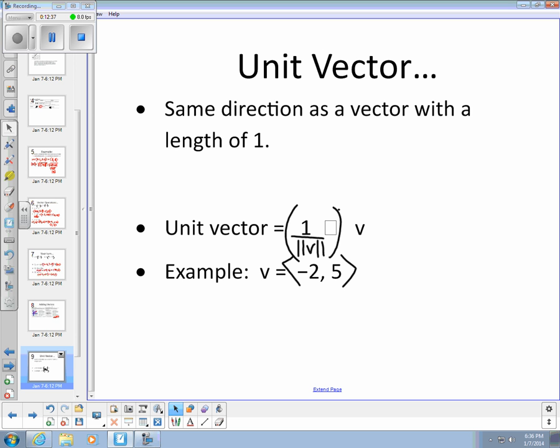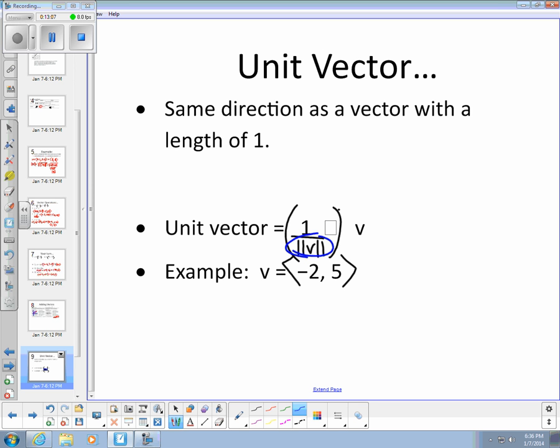Okay, to find a unit vector, there is a formula. And what we're going to do to make the length be 1 instead of whatever it is originally is we're going to find out what that length is, what the magnitude is, and then we're going to divide each component by that magnitude. So the formula looks like 1 divided by the magnitude times vector v. So we're going to use that as the scalar.